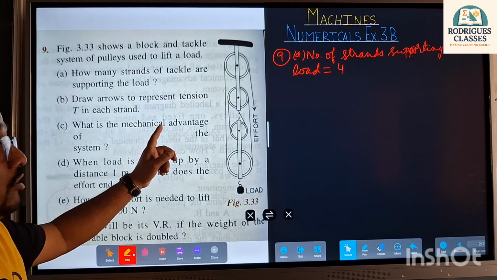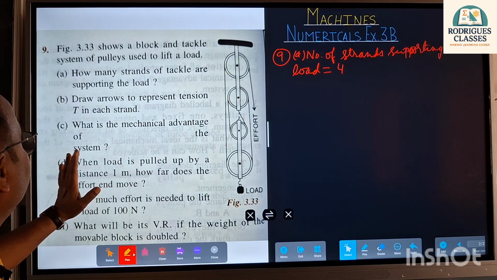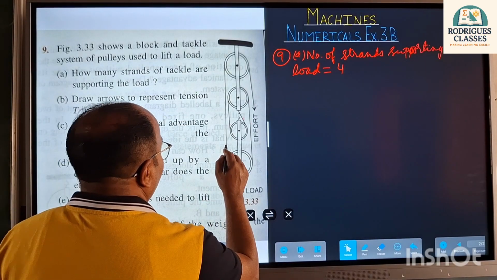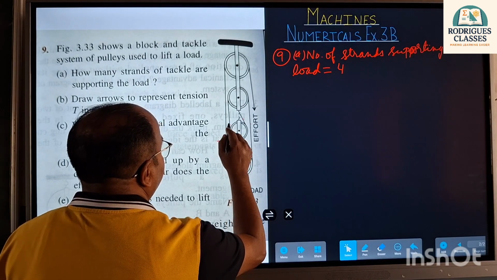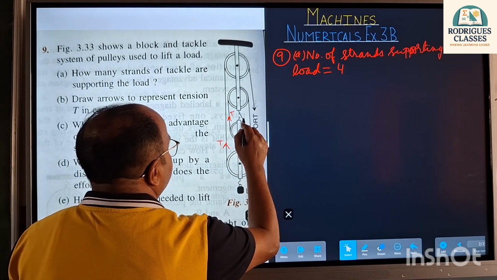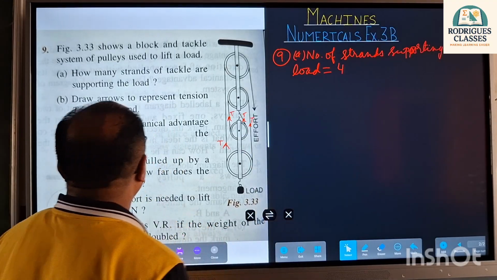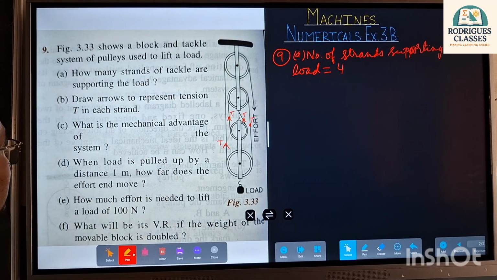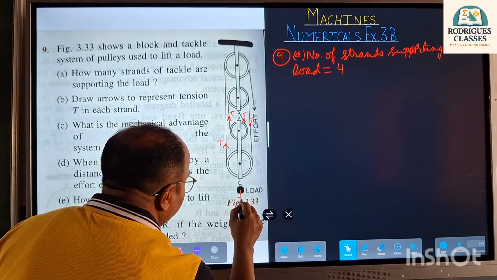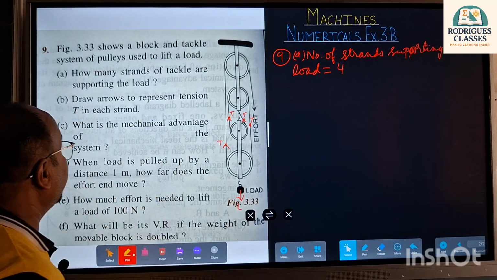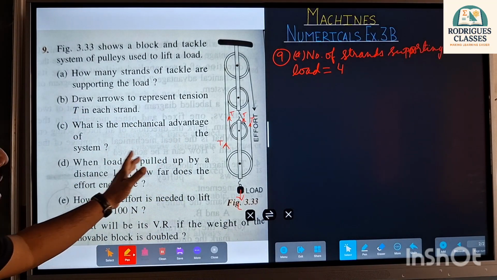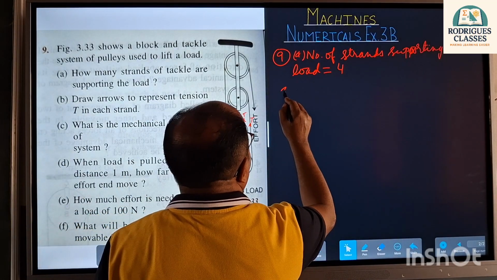Then B says draw arrows to represent the tension in each strand. If I show here, this is the tension, this one is there, and so 4 of them we have got here supporting the load. Remember, the load is here. I will show the direction of it. What is the mechanical advantage of the system?